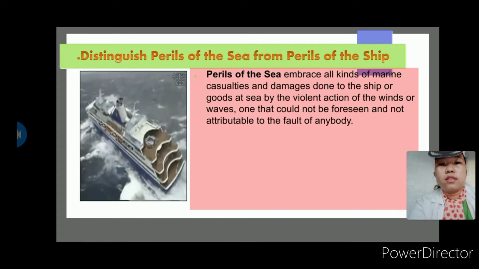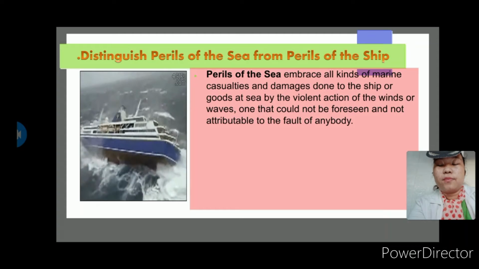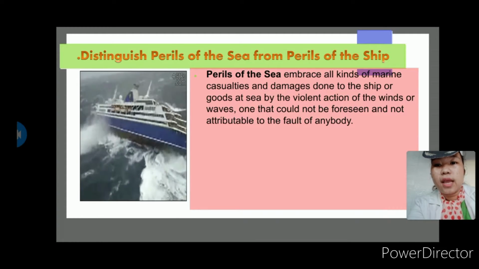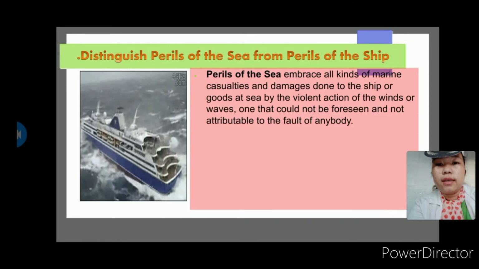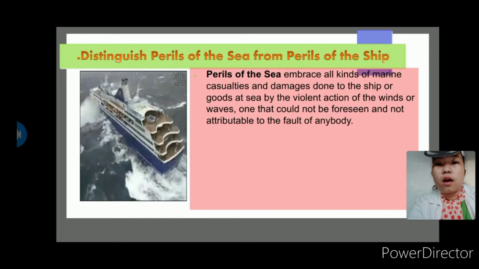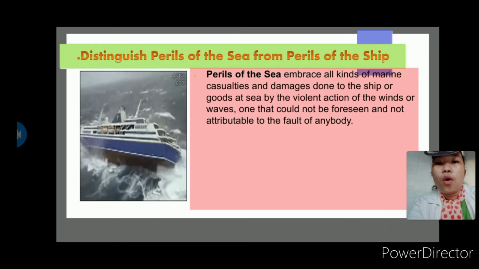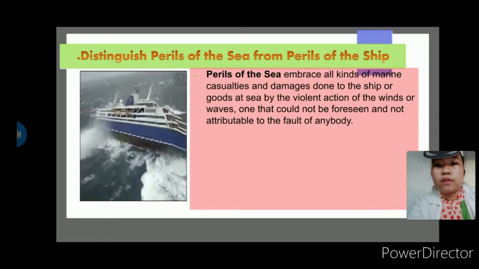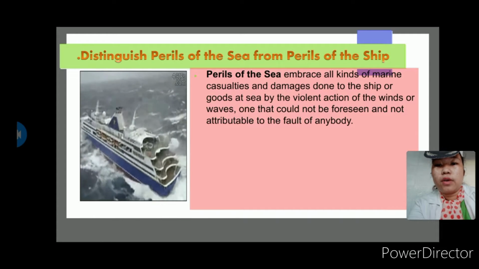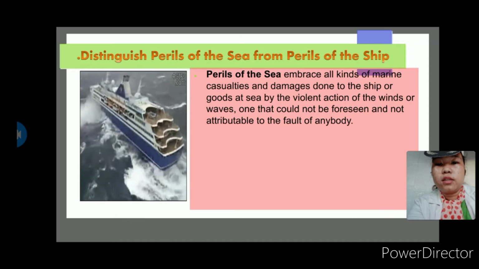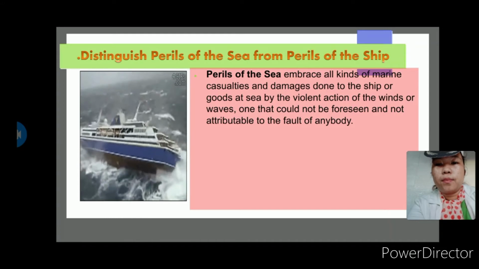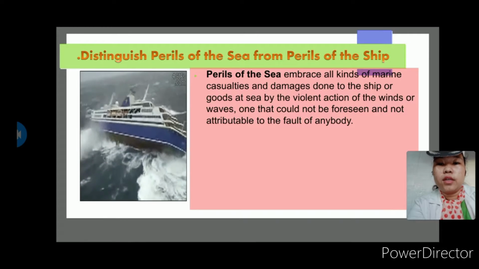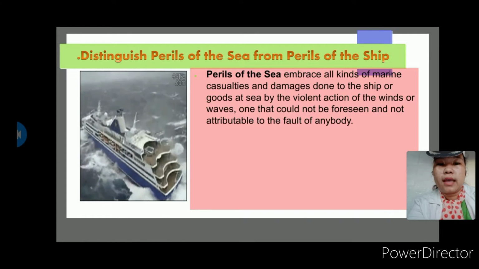The phrase thus embraces all kinds of marine casualties such as shipwreck, foundering, stranding, collision, and every species of damage done to the ship or goods at sea by the violent action of the wind and waves, or losses occasioned by the jettisoning of cargo if it is made for the purpose of saving a vessel rendered unworthy under the voyage, not through the fault of the captain.